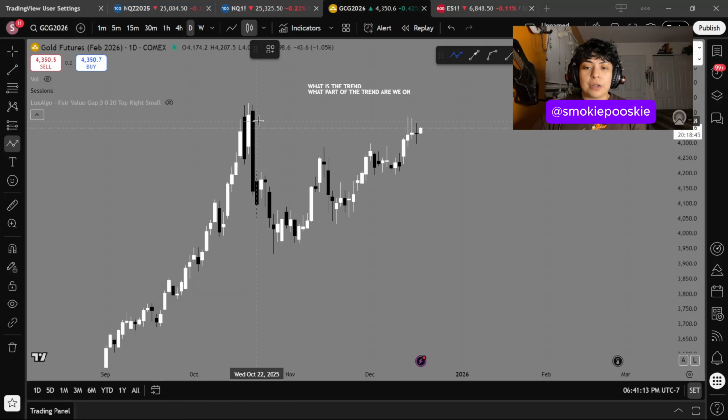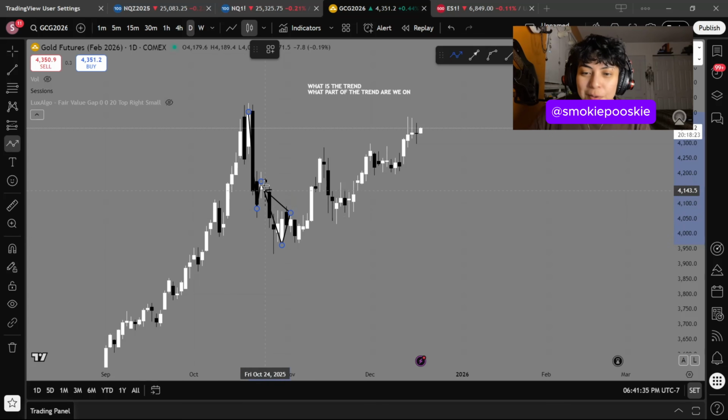The daily time frame. We can see that from the highest point, we went and we created a low. And then we created a lower high, because this high is lower than this. And then we created a lower low because this low is lower than this. And then we created another lower high.